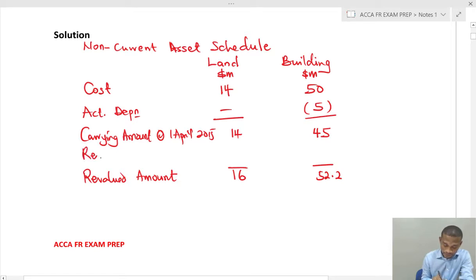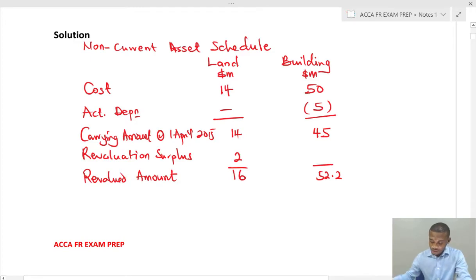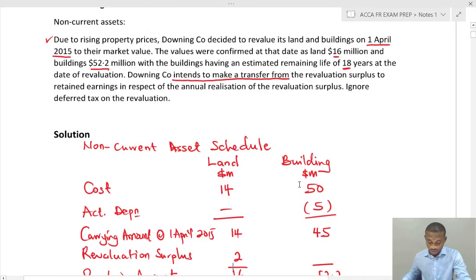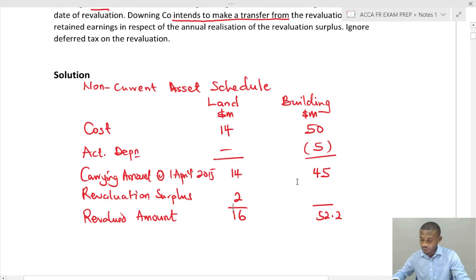Now we will have the revaluation surplus as the difference. This is 2, so let's check this for the revaluation surplus. This is 52.2 minus 45, that's 7.2.